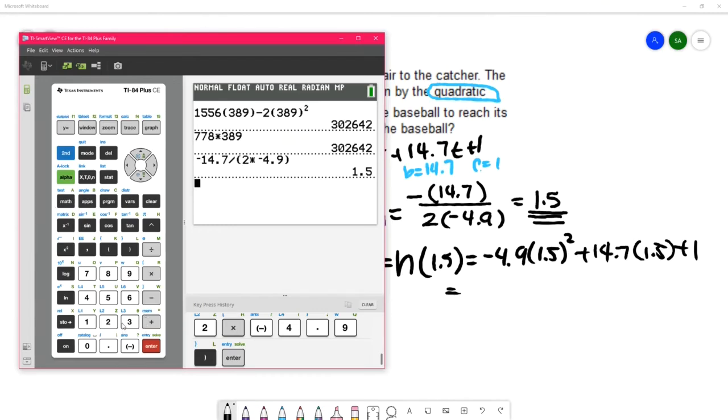So we have negative 4.9 times 1.5 squared plus 14.7 times 1.5 plus 1. So we end up getting 12.025.